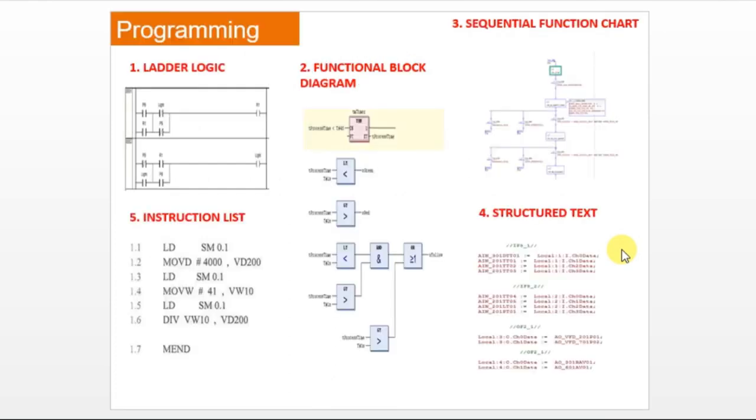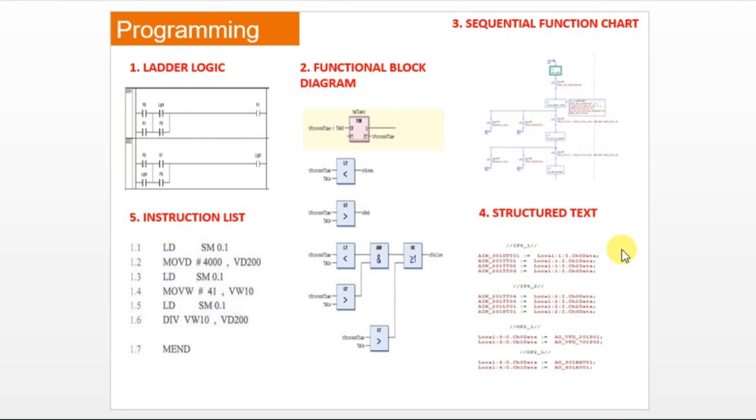So we have ladder logic. Ladder logic is a more familiar and widely used programming method. The second one is functional block diagram, the next is sequential function chart, the next is structured text, and the last one is instruction list.